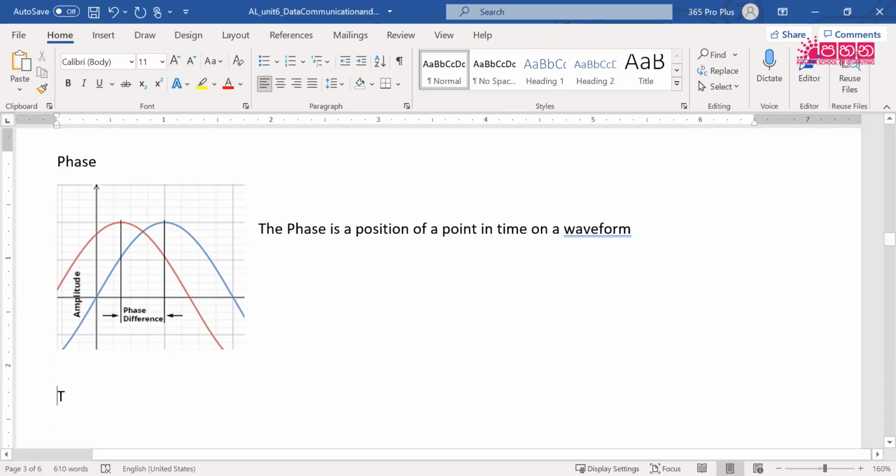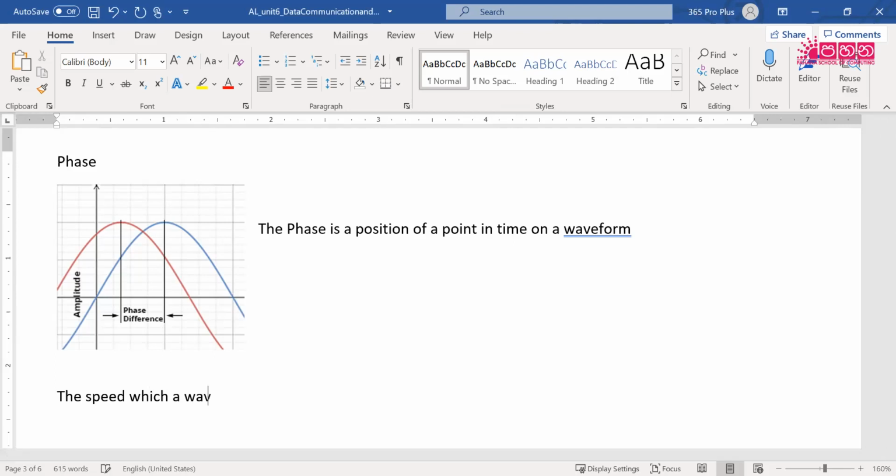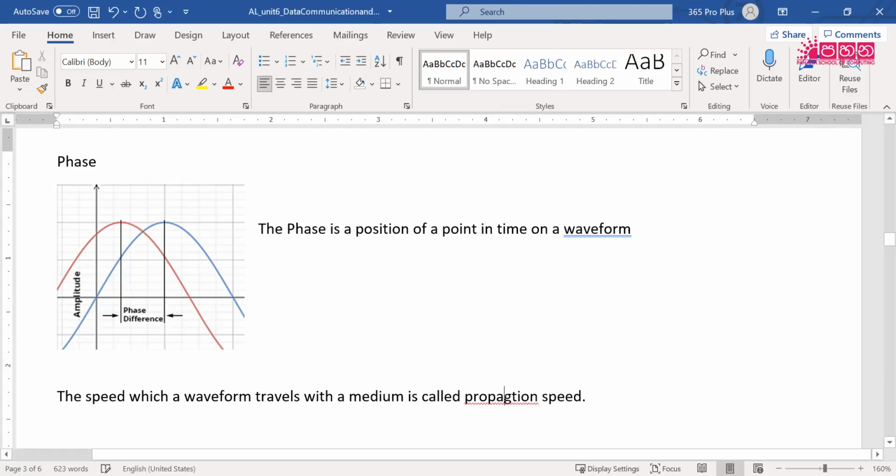So the speed at which a waveform travels in a medium is called propagation speed. How fast will this travel?